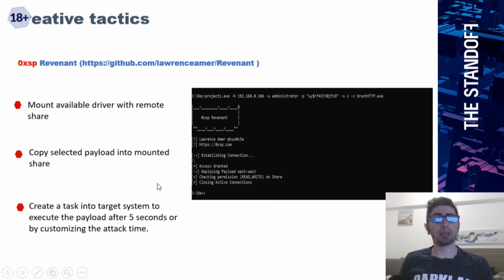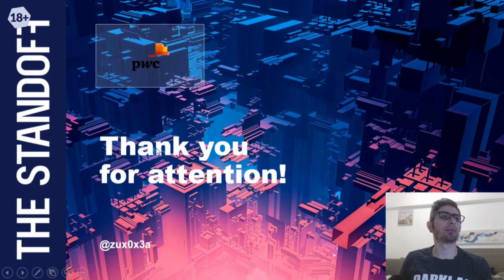Then it will copy the payload into that share, and in parallel, it will communicate with the task scheduling module interface, create a task, and map it to the path of the file stored in that share, and then it will be executed. So basically, it's very tricky and very creative for lateral movement. And as I told you before, you can customize the timeline for that attack.